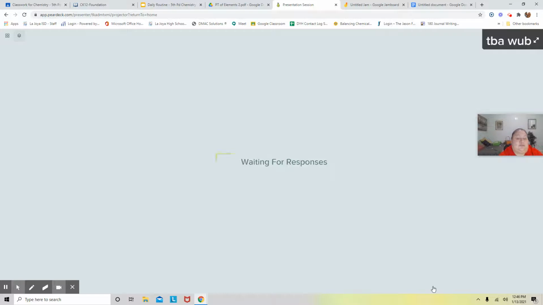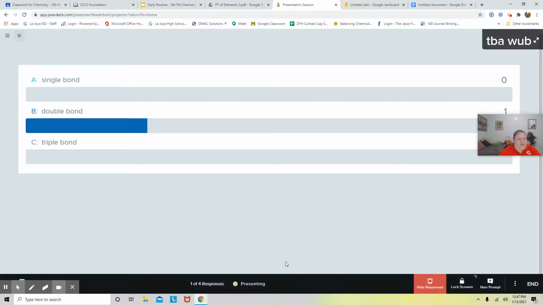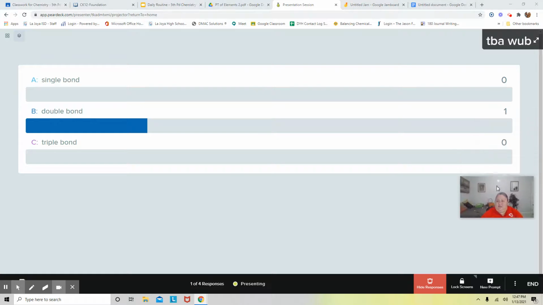What do you think? What would it be called, Irvin, if you are sharing 4 electrons? Double bond. Very good. Okay. There it is. It would be considered a double bond.